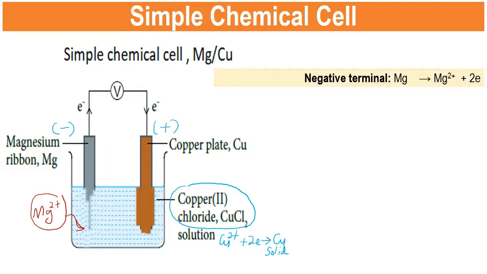Okay, this is the half equation that occurs at the negative terminal, where the magnesium atom, in the form of solid, releases electrons to form magnesium ion that dissolves into the solution.